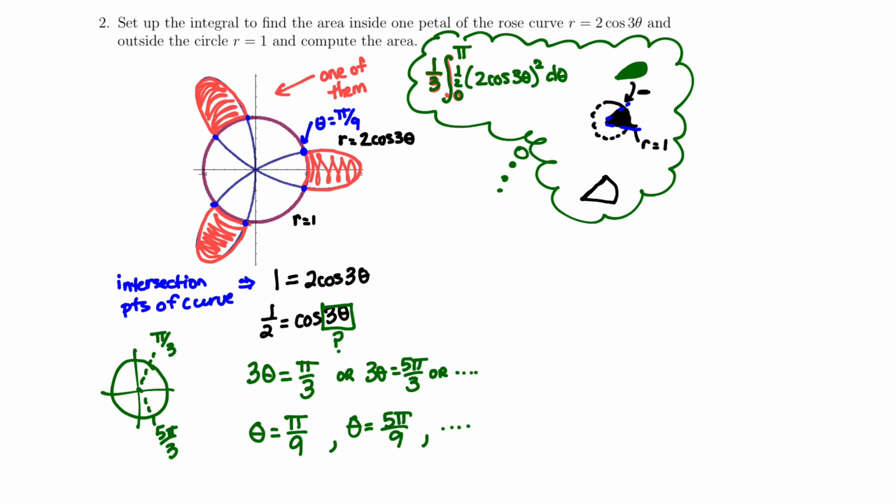Then it's pi over 6. Then it's 5 pi over 9 down here, etc.